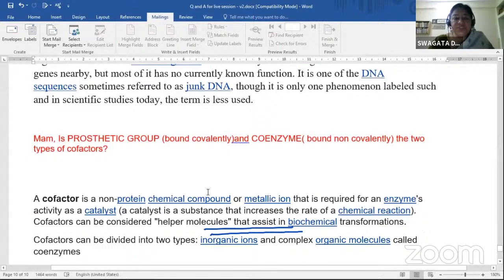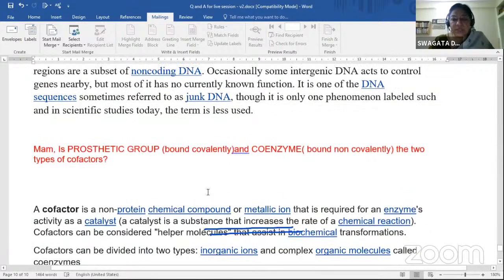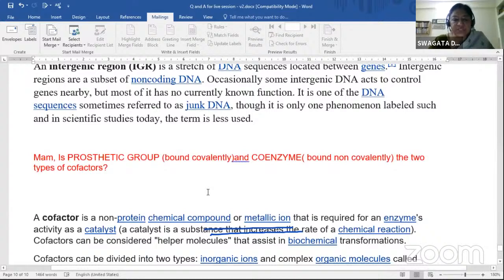So these definitions are there in the books, and have been described in the lectures as well. And these are all helper molecules, or they assist in the biochemical reactions. And the cofactors that we have, it is a non-protein chemical compound or a metallic ion that is required for the enzyme to act.